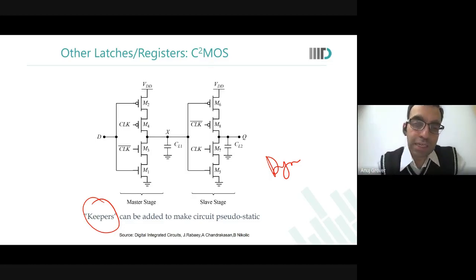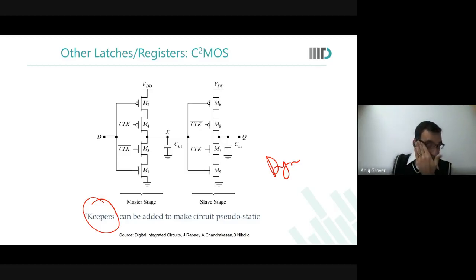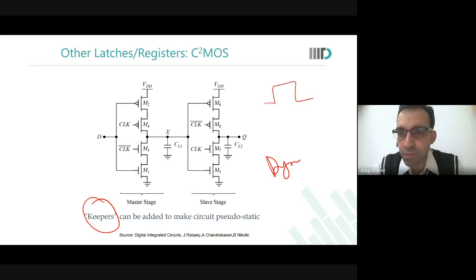So, see, in a typical flip flop, when you have overlap between positive CK and CK bar, this is a tricky situation.